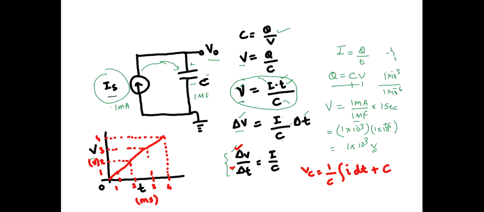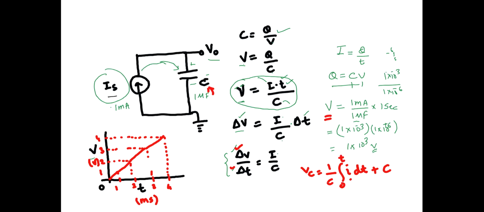If the capacitor is initially fully discharged, then we neglect this constant and just integrate the current over time. You can plug in the value of capacitance and the value of current, from 0 to time t, then integrate and put in the limits.